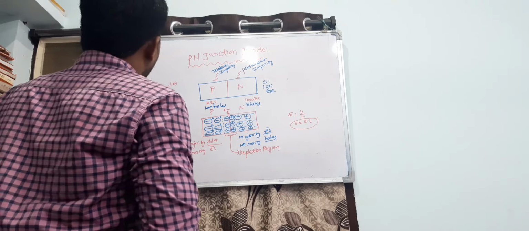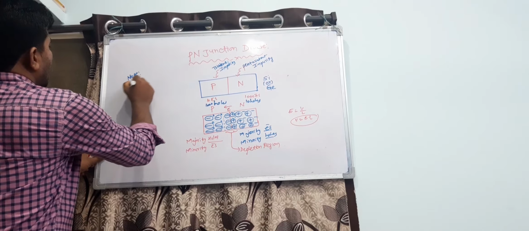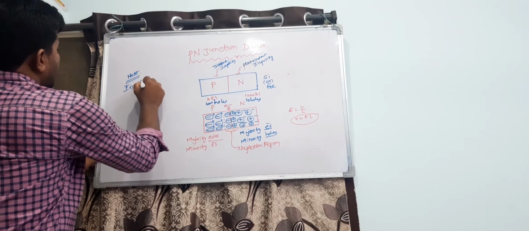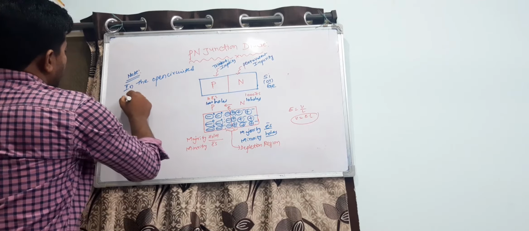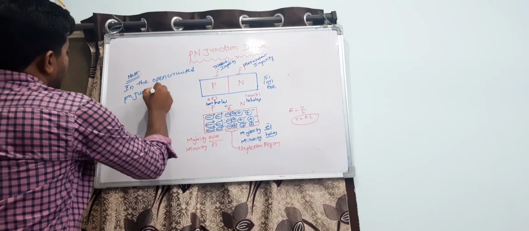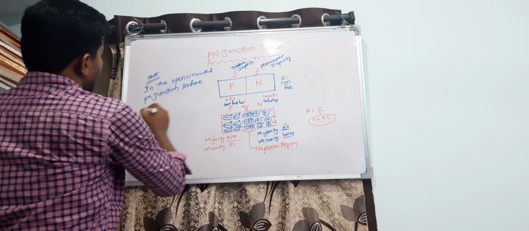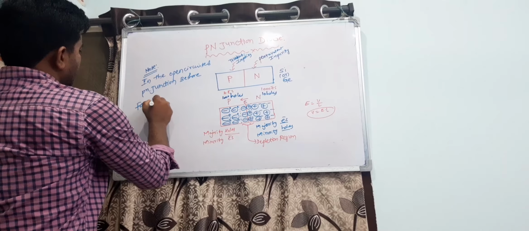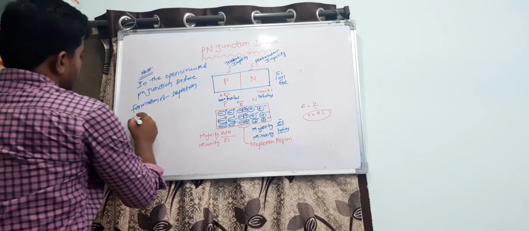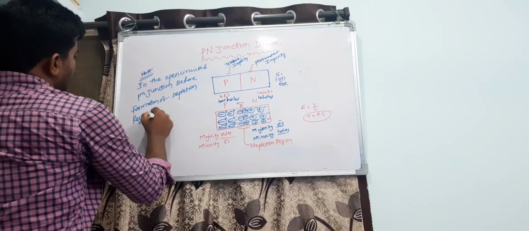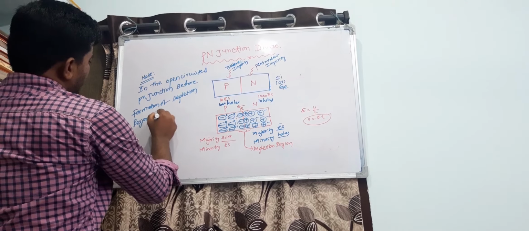So, in the open circuited condition, the note point you have to remember is this. In the open circuited PN junction, before recombination, before formation of the depletion region, diffusion current flows through the diode.